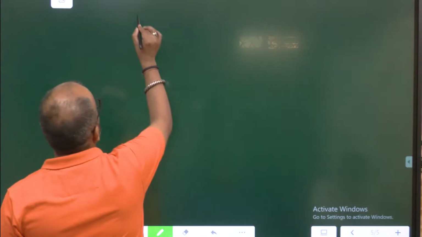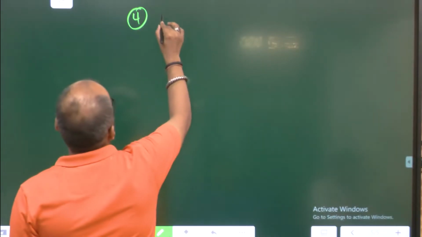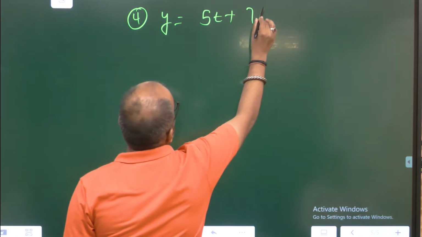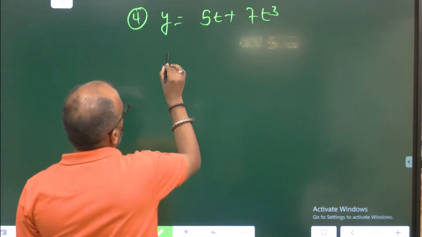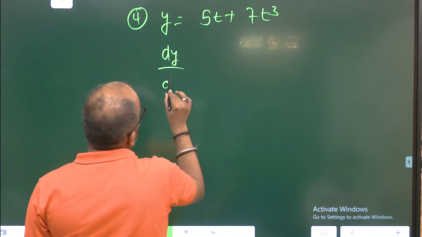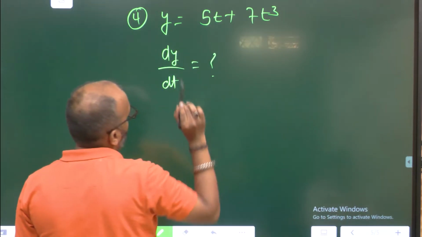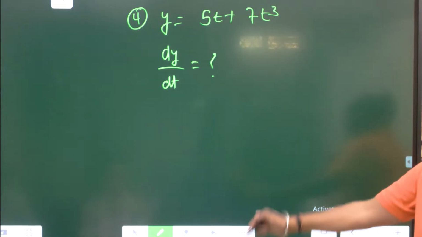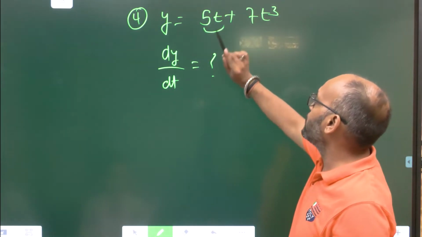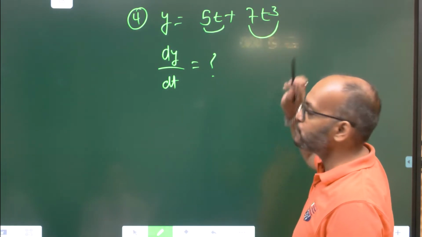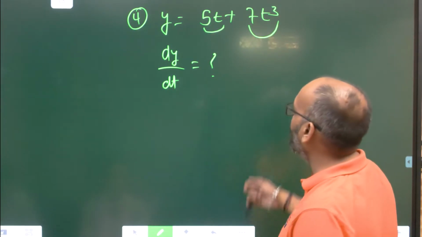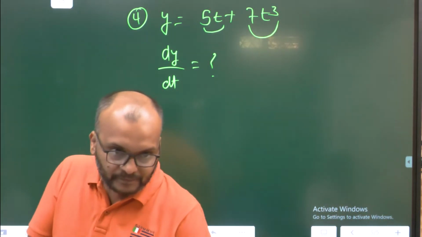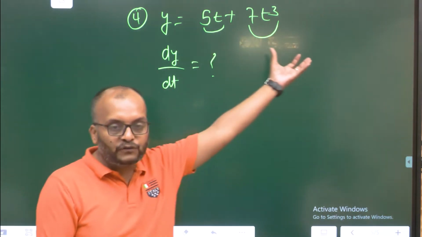Fourth, suppose you get y as 5t plus 7t cube, and the question is find dy upon dt. So now please see, here the situation is diversified again. We know how to solve this individually, we also know how to solve this individually, but now these two things are getting added up and we need to find the differentiation of the whole.